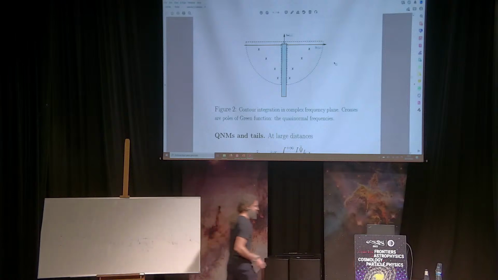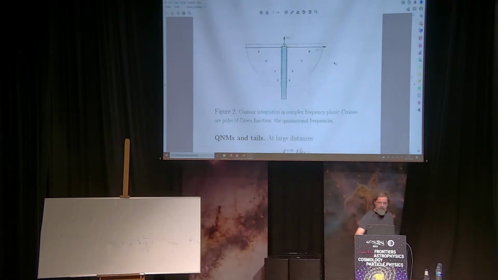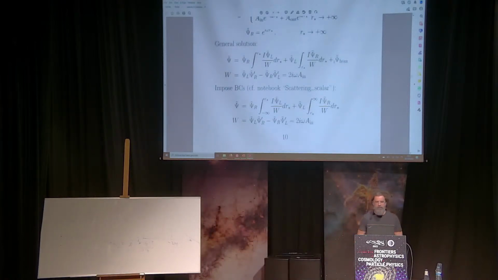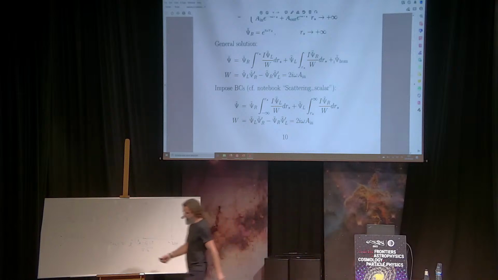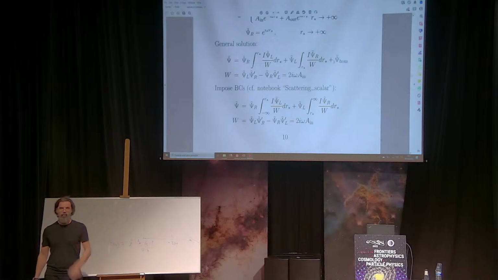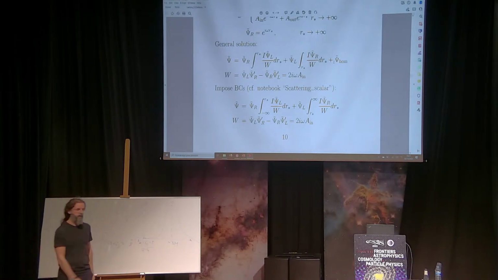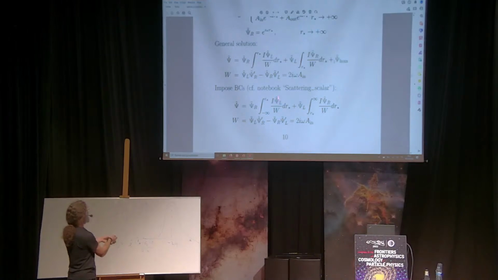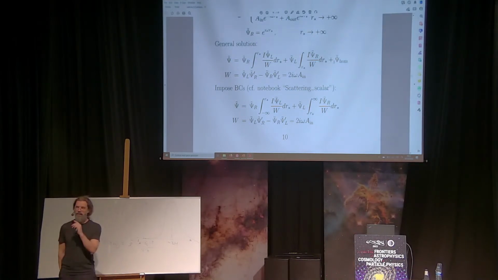And if you look at the response, let me go back here. If you look at the response, the general solution looks like this. You get homogeneous solutions, okay? One that goes to the right, the other to the left. And then you need to integrate the source term, this I, with one homogeneous solution, and then divide by the Wronskian of these guys, okay?